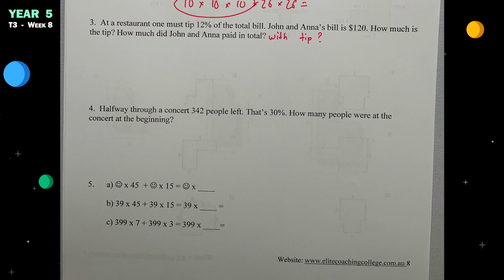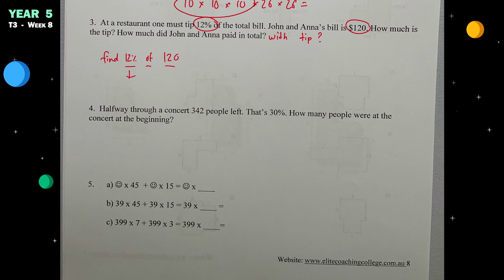All right. So we know that $120, and we have to tip 12% of this. So they're asking you to find what's the tip. So you have to find 12% of $120. Well, let's change 12% into a fraction.